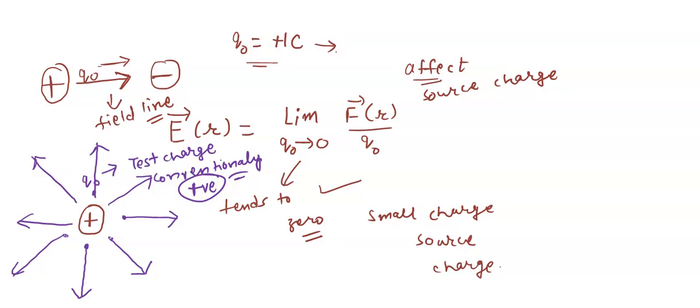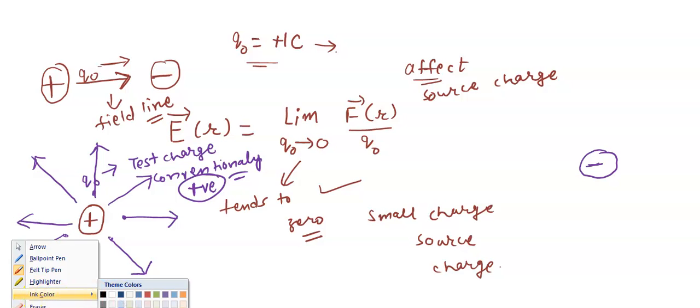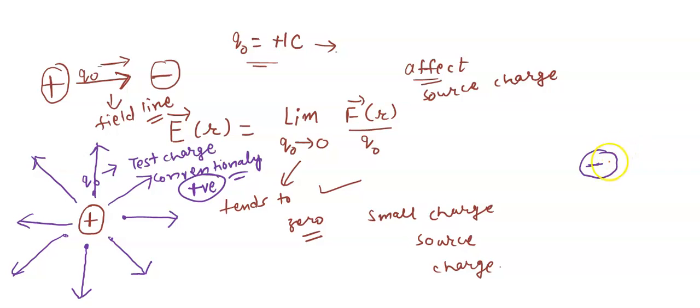Now on the other side, if we try to draw it for negative charges, just the opposite will happen. This is the negative charge. When we keep a positive test charge here, an infinitesimal charge, it will be attracted towards the negative charge like this, like this, like this.